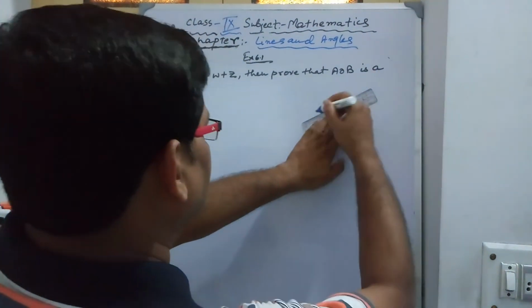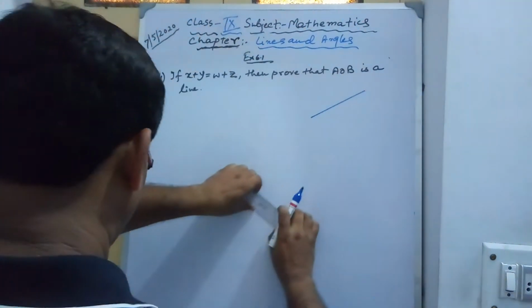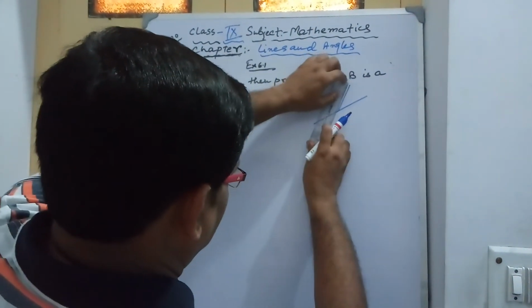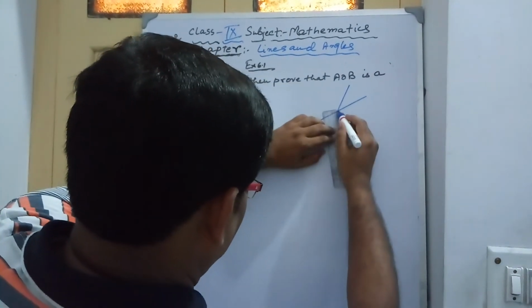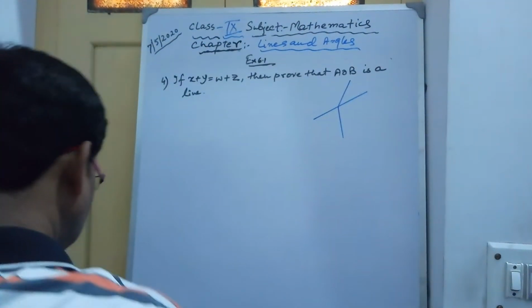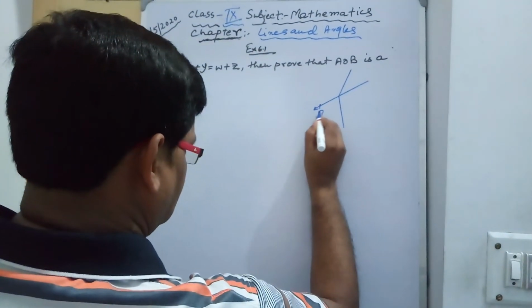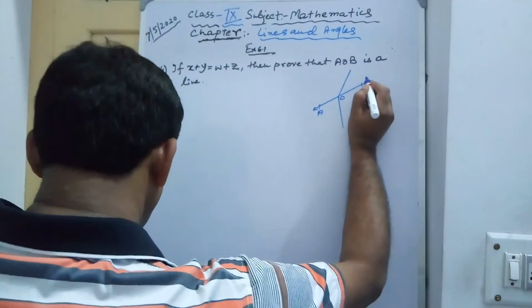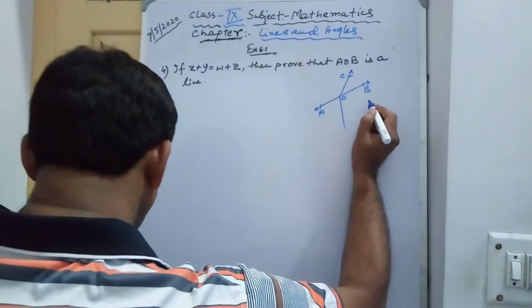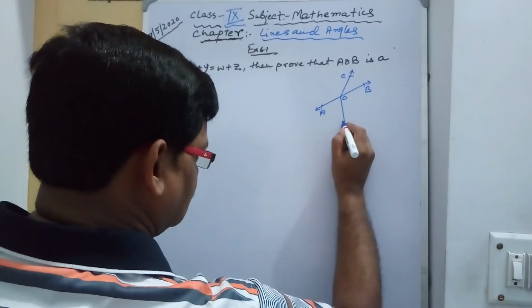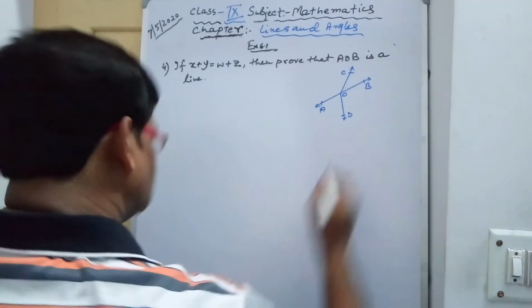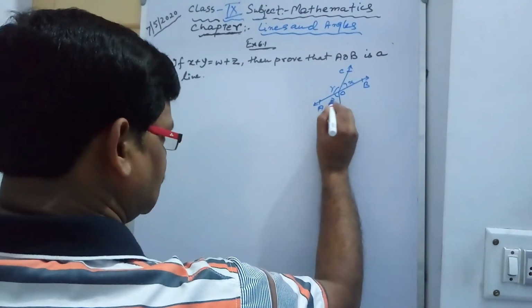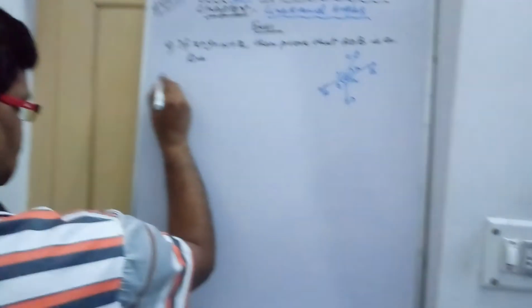Now draw the figure. A, O, B, C, D. So this one x, y, z, w.